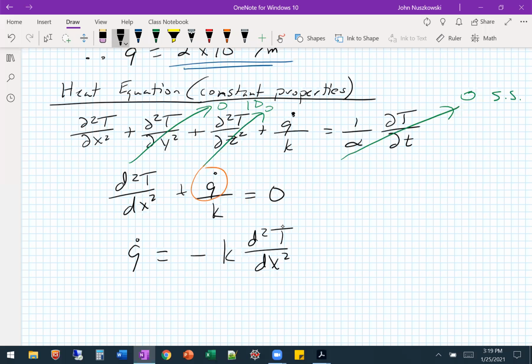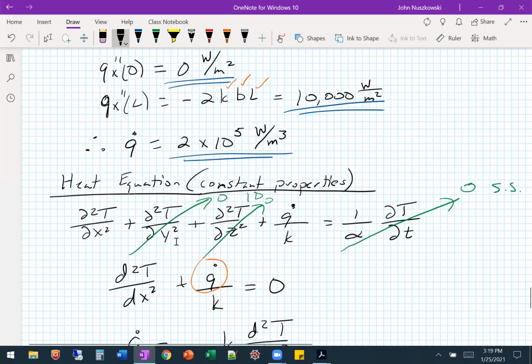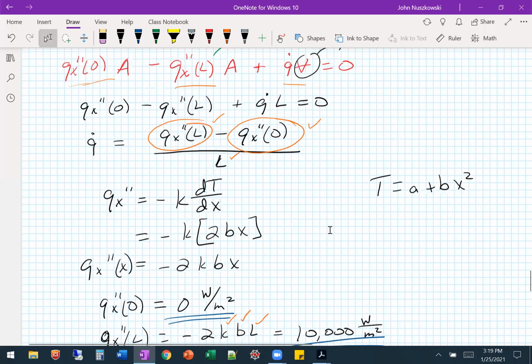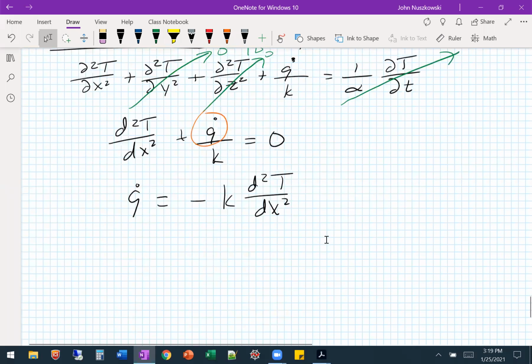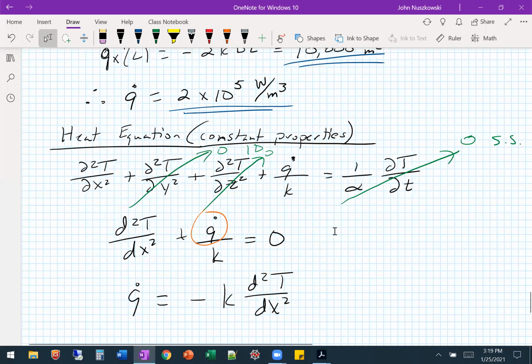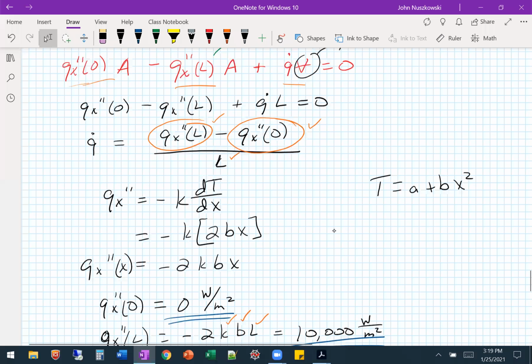We would just need to take the second derivative of your T. Yeah. We already took the first derivative right here. So if we take the derivative again, dT/dx, our first was 2bx.